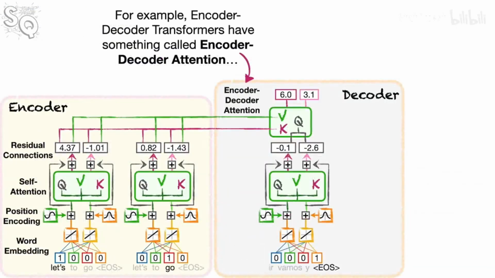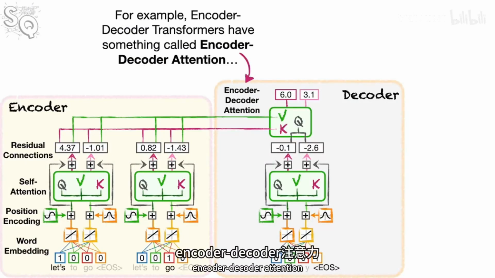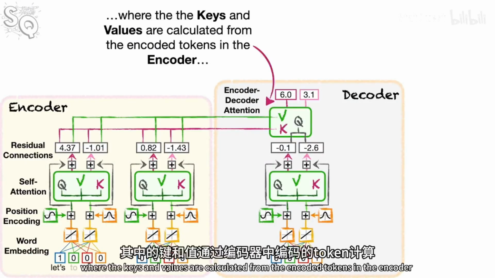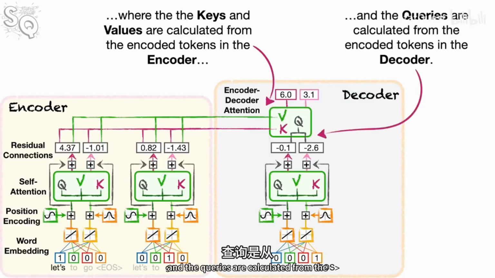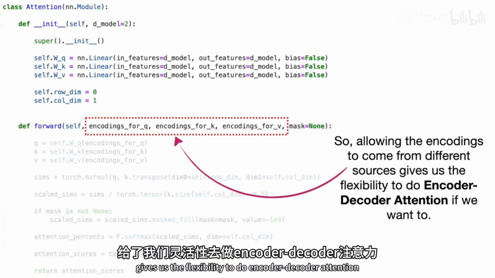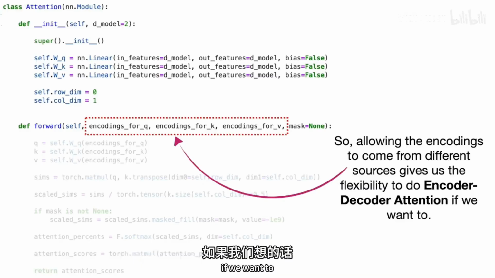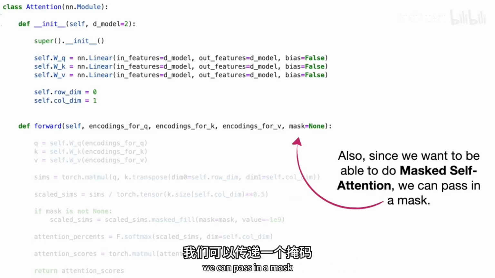For example, encoder-decoder transformers have something called encoder-decoder attention, where the keys and values are calculated from the encoded tokens in the encoder, and the queries are calculated from the encoded tokens in the decoder. So, allowing the encodings to come from different sources gives us the flexibility to do encoder-decoder attention if we want to. Also, since we want to be able to do masked self-attention, we can pass in a mask.